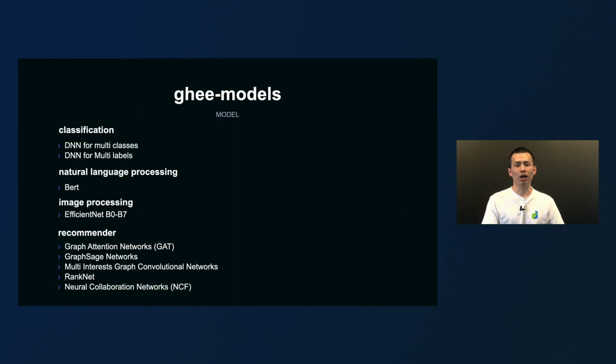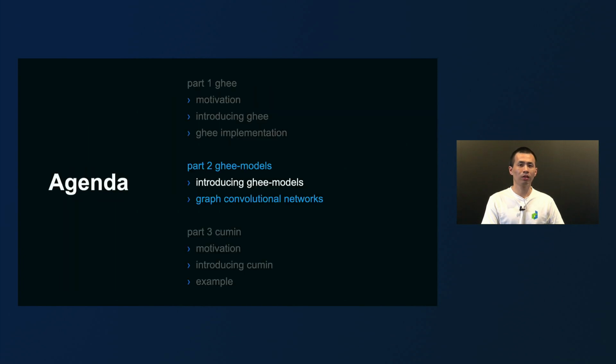Currently, we have many models for various tasks: DNN for classification, models for natural language processing, image processing, and recommender models. Next, I will talk about the application of graph convolutional networks.